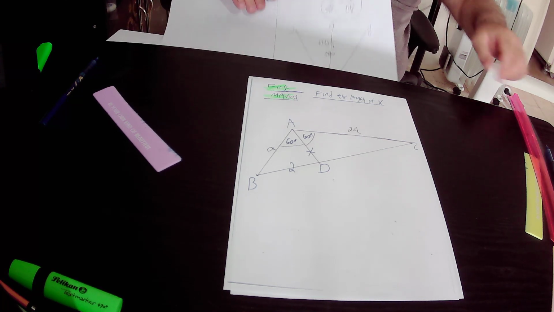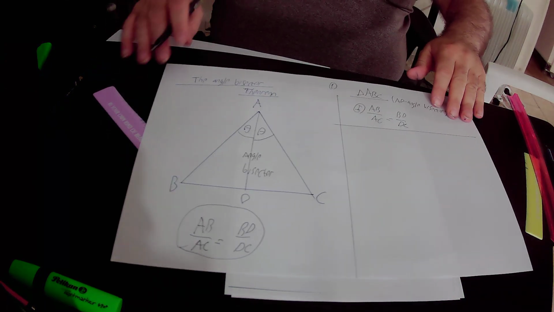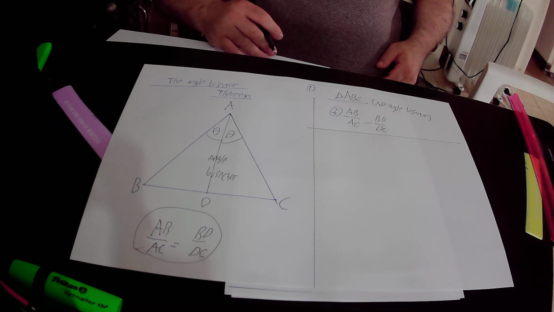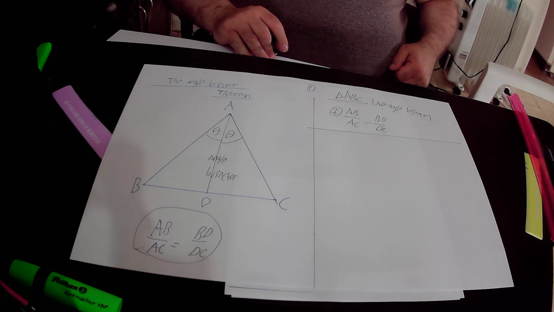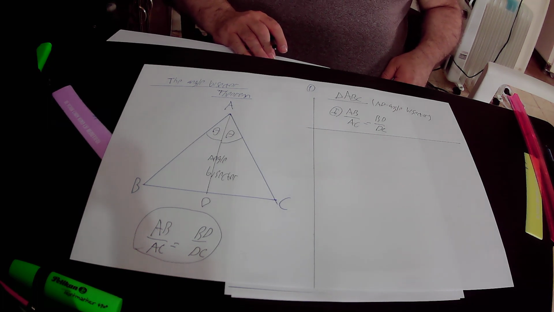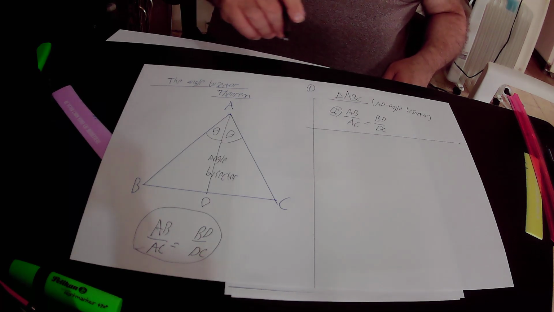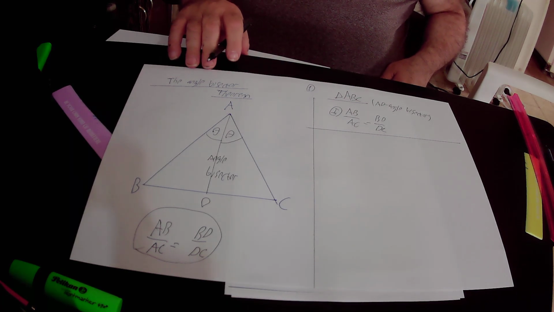I repeat again, because in our triangle ABC we have the angle bisector AD, we can apply the angle bisector theorem to triangle ABC, and according to it we get that AB over AC equals BD over DC.